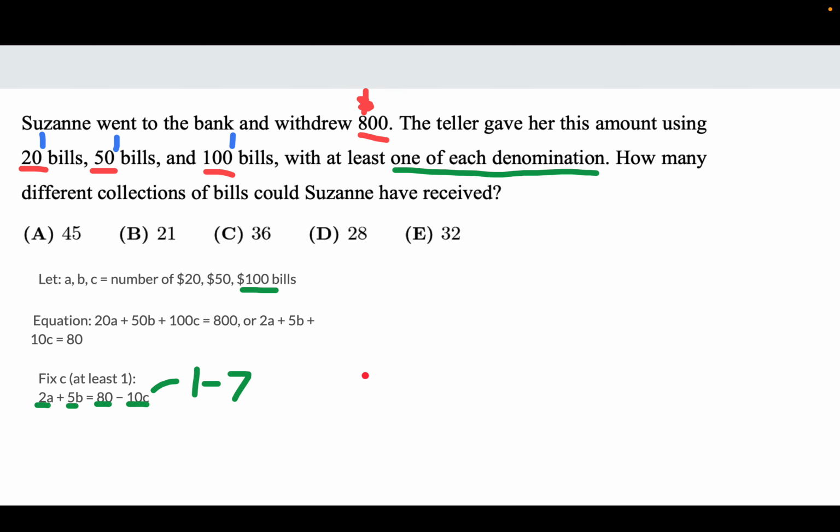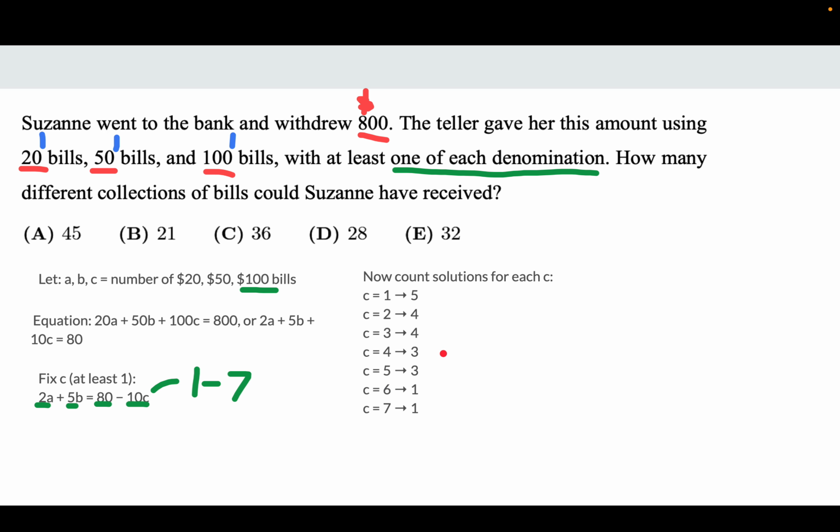So continuing, now I just plug in values of C one at a time. Each time I compute the right side, which is 80 - 10C, and then I count how many positive integer pairs A and B satisfy 2A + 5B equals that number. For C equals 1, I get 70 on the right side, and that gives 5 solutions. For C equals 2, I get 60, 4 solutions.